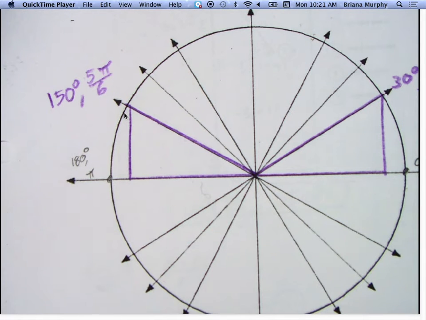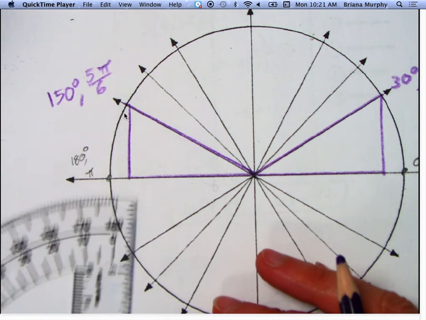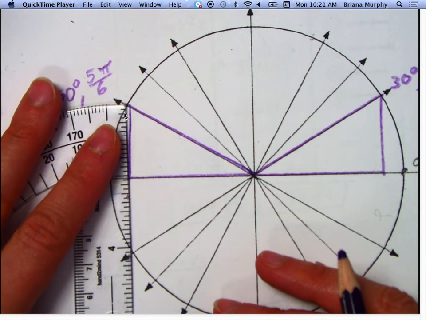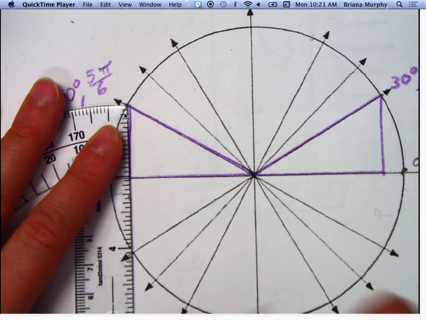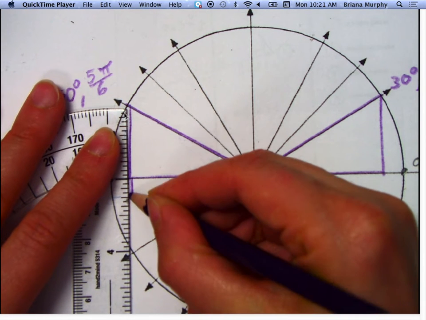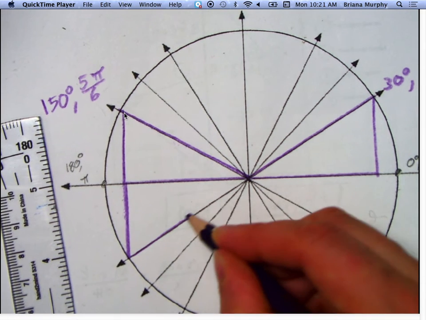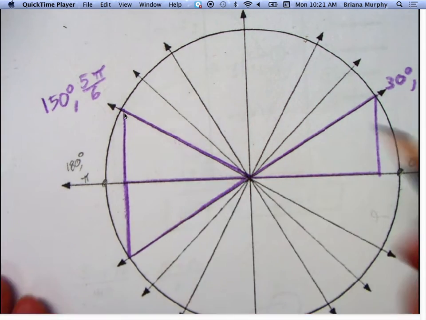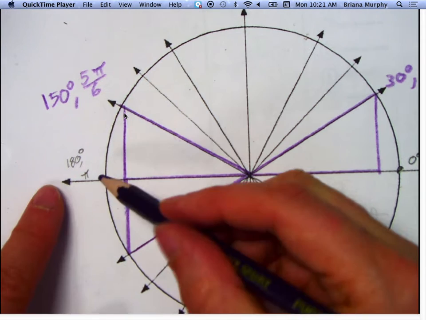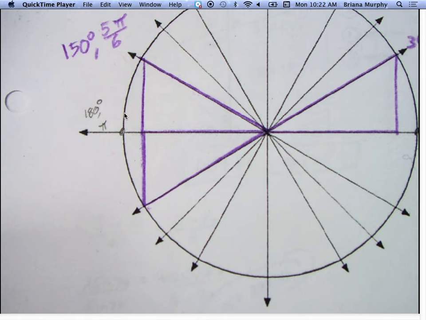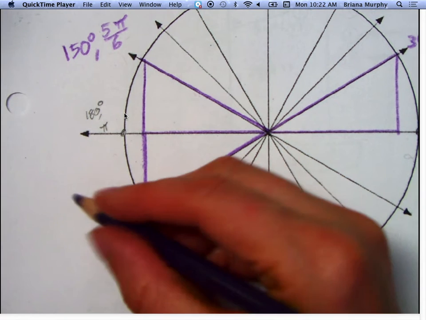Okay, then we're going to flip this over the x-axis. Okay, 180 plus 30 more is how much, guys? 210.